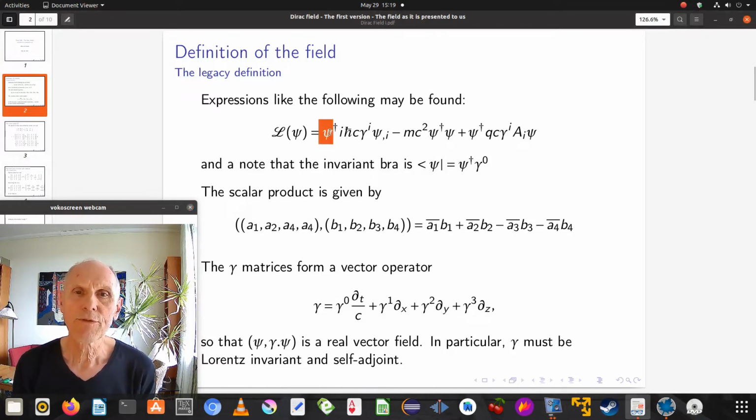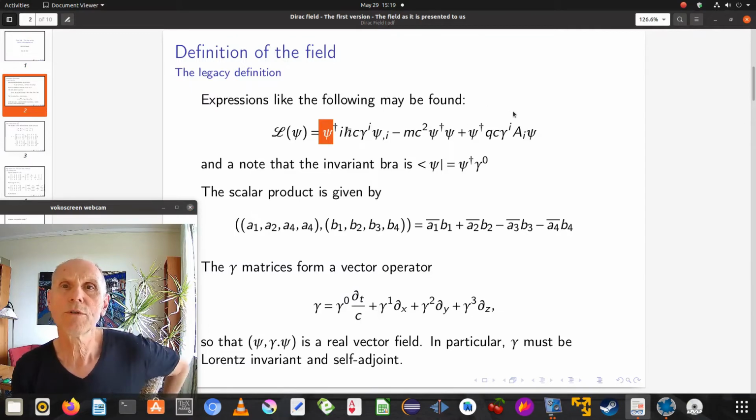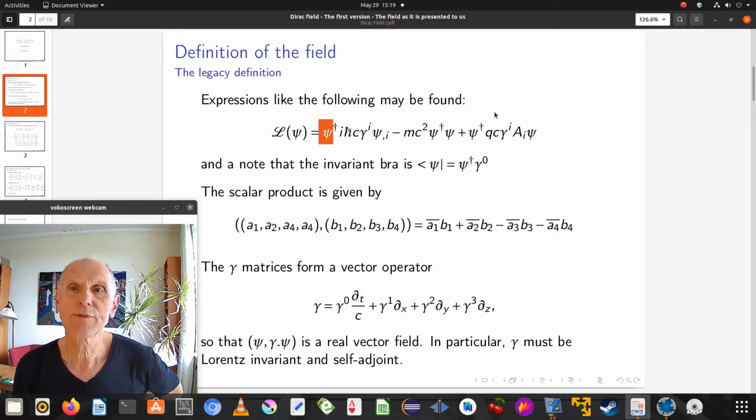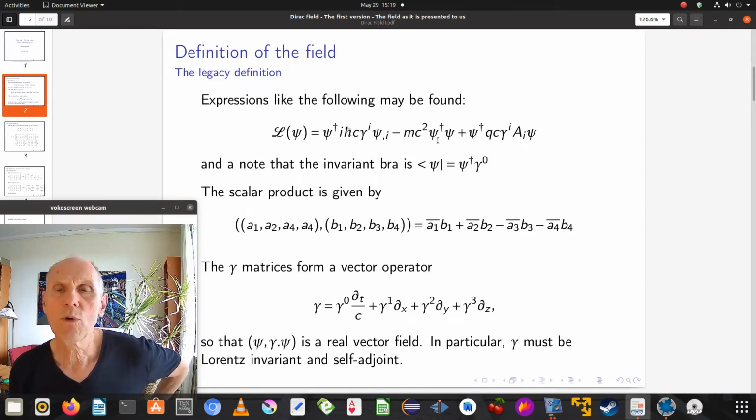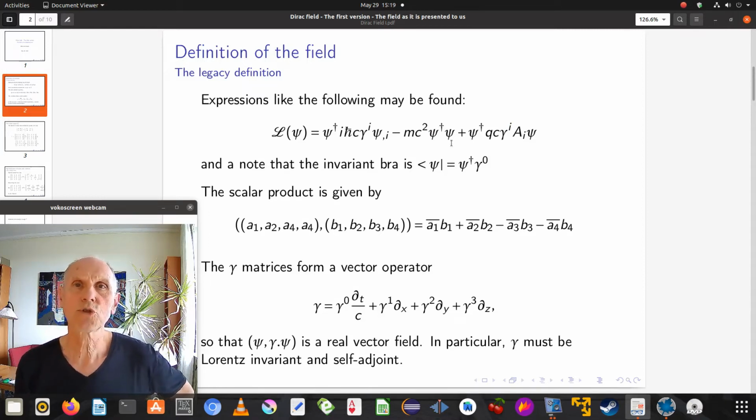Psi, the Dirac field, is a four-component field, so the coefficients lie in the complex field, so at each point it lies in C4. This should give a real scalar, so there should be some inner product to this vector space C4, and that's of course always assumed to be the usual unitary inner product.